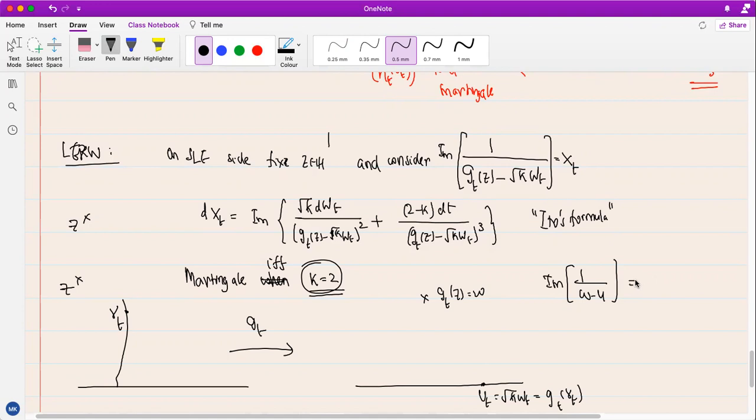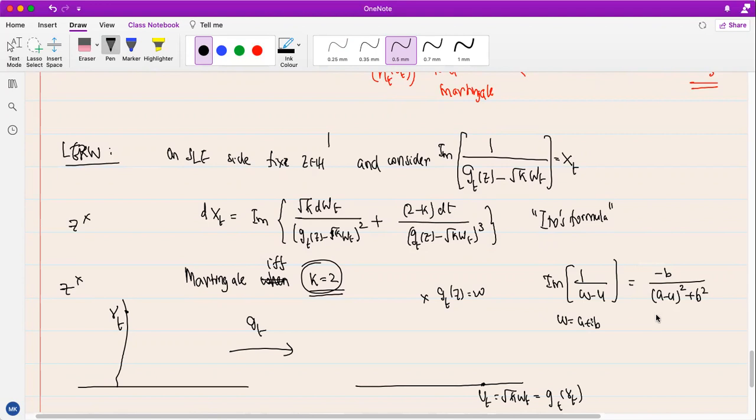What is this? If W is A plus IB, then this is nothing but W bar over W minus U squared. So you get A minus U squared plus B squared in the denominator, and in the numerator you get B, minus B or something like that.